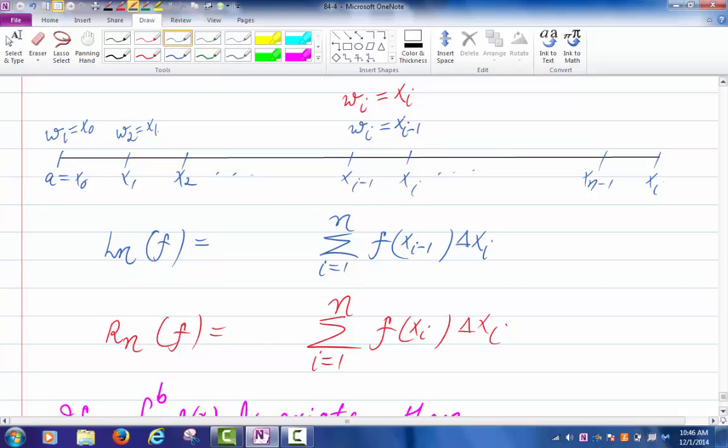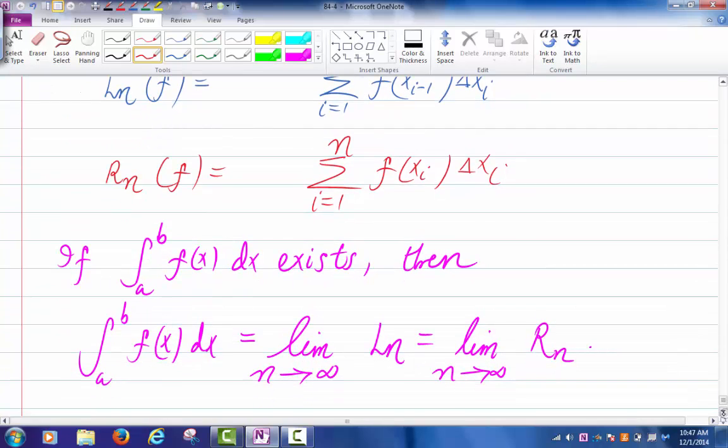In the second case, we are picking W1 to be x1, W2 to be x2, and Wi to be xi. So we are picking the sample points to be the right-hand points of the subintervals. Whatever Riemann sum I obtain, that's the right-hand Riemann sum. Is everybody clear?